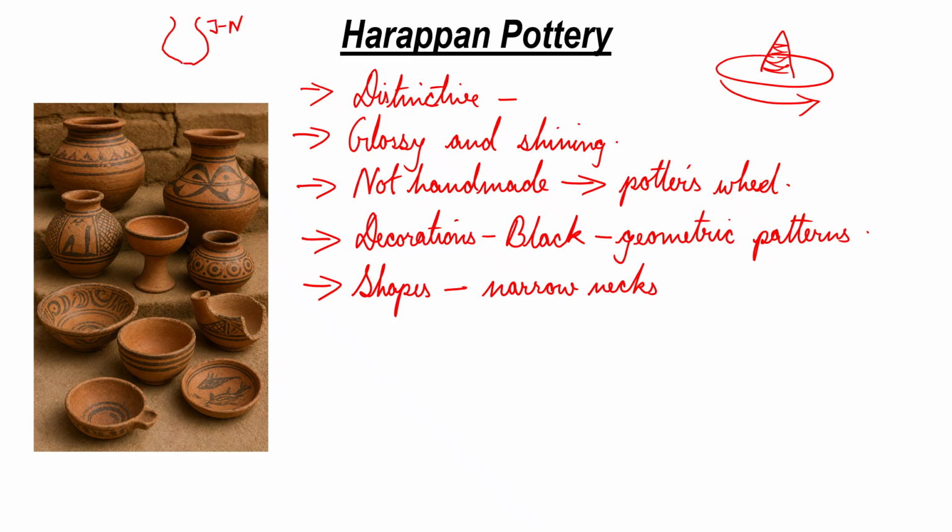So shapes were jars with narrow necks, red pots with black decoration which show high artistic skill. All these things show high, don't forget to write it, artistic skill. So that was all you needed to know about Harappan pottery.